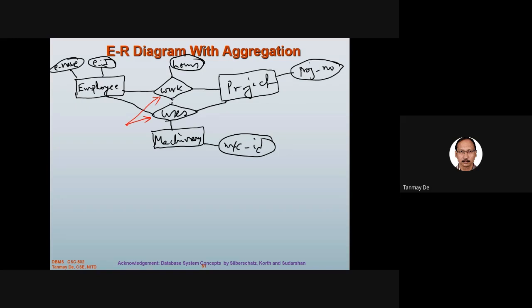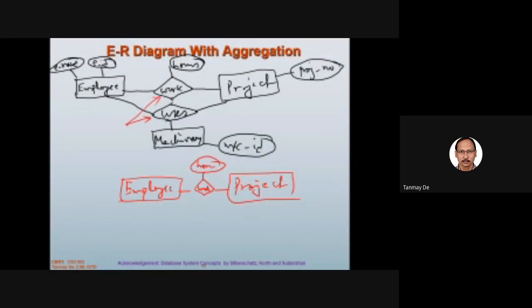So we can remove this by the concept of aggregation, that is the higher level. Here we can take employee and project, these two entity sets related with the work, and here hours is there.